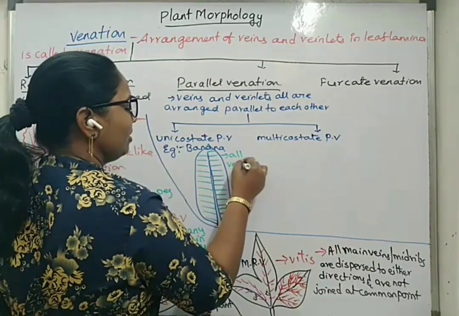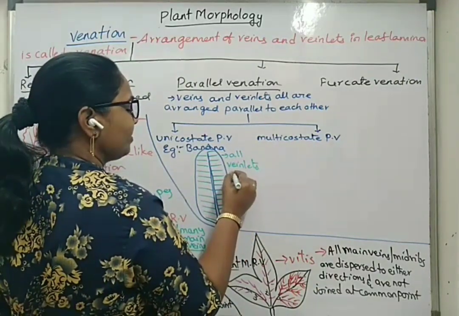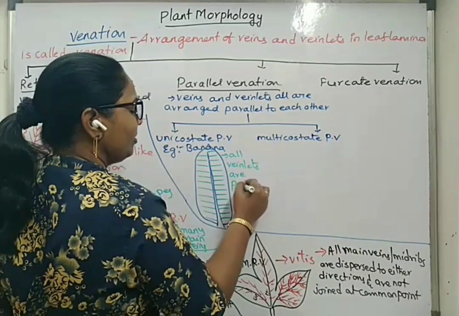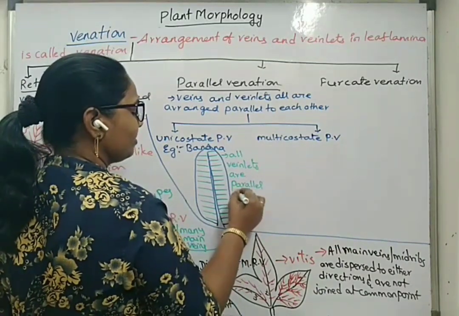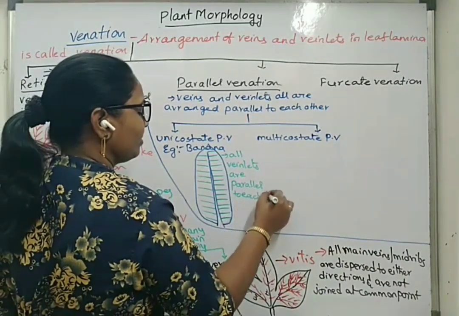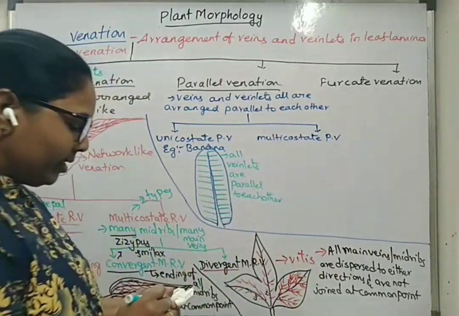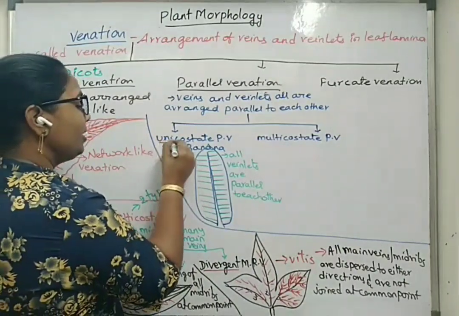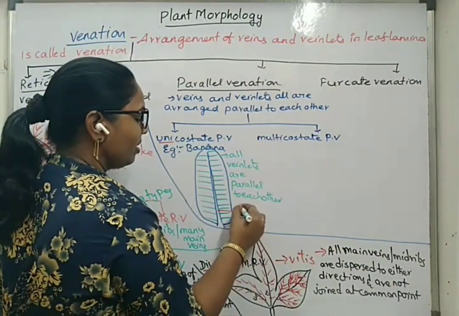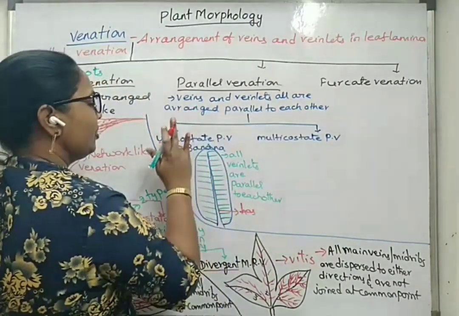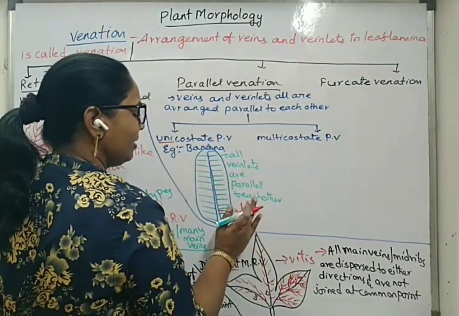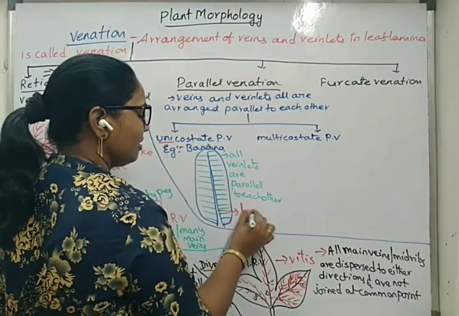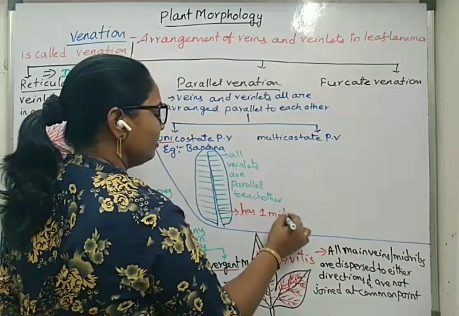All veinlets are parallel to each other. So this unicostate parallel venated leaf has one midrib only.